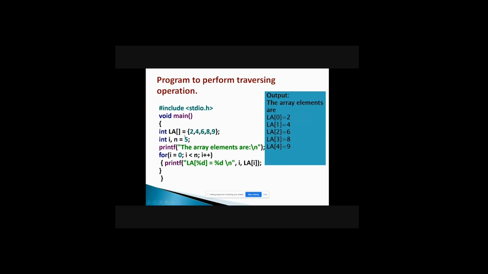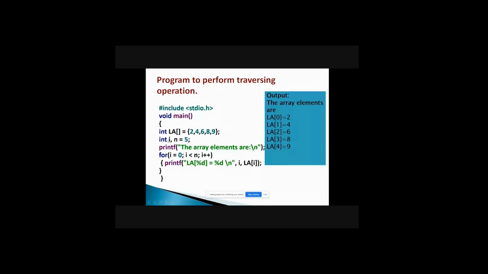In this program, how many elements are there? It is 5 elements. How do you know? Since you are initializing the array with 2, 4, 6, 8, 9. There are 5 values on the right hand side of the initialization statement, so the size of the array will be 5. In the first element you are storing 2, then 4, 6, 8, and 9. So totally you have 5 elements in the array.